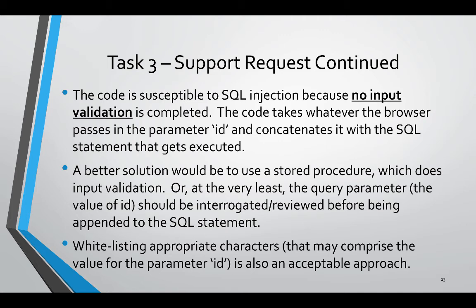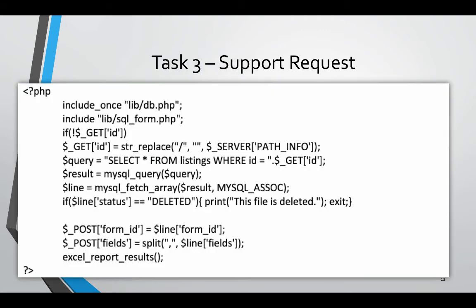So if you can't use stored procedures to make sure that if you're expecting ID to be an integer and that only an integer is sent, what you could do is interrogate the parameter itself. So make sure that it's an integer, for instance. In this particular example, most likely ID is supposed to be an integer, or we'll assume it is just for the sake of discussion.